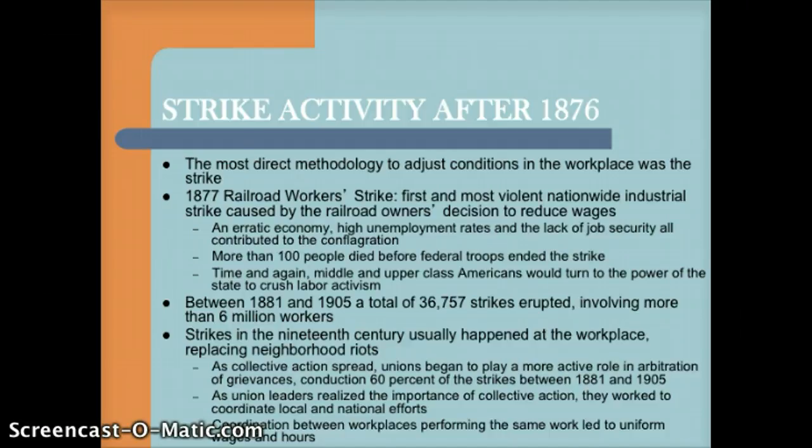Okay, even though your book points out that 6 million workers and 36,757 strikes broke out between 1881 and 1905, is it a struggle between the workers against the employers themselves, or a struggle of workers against the government? And I'd like you to consider the defenders of employers.